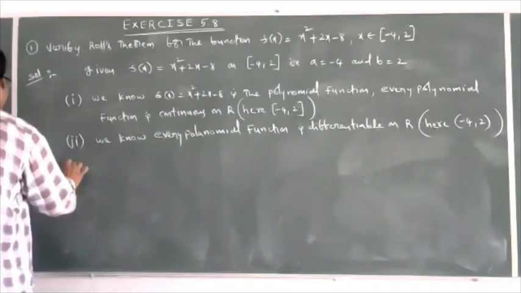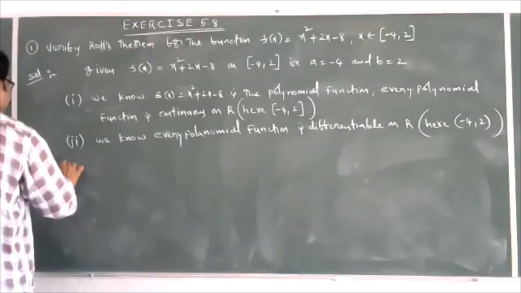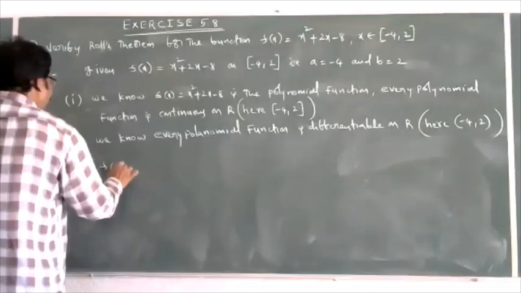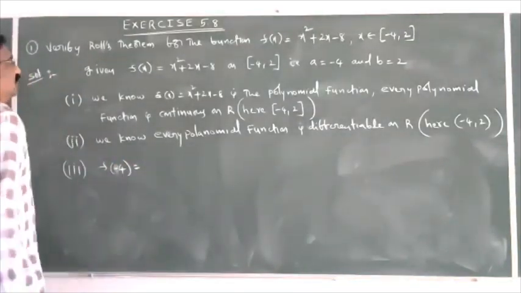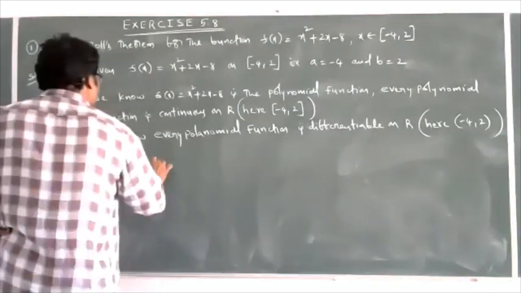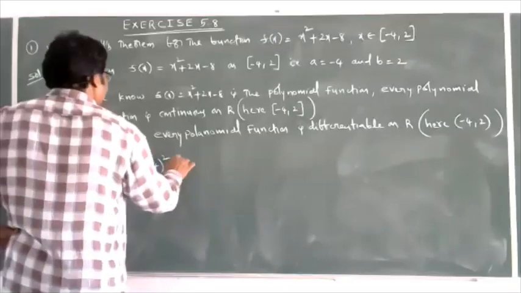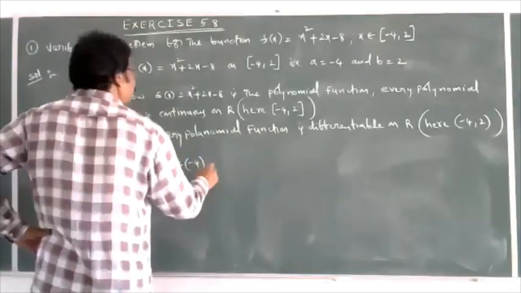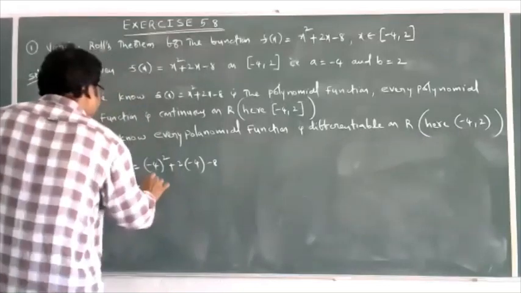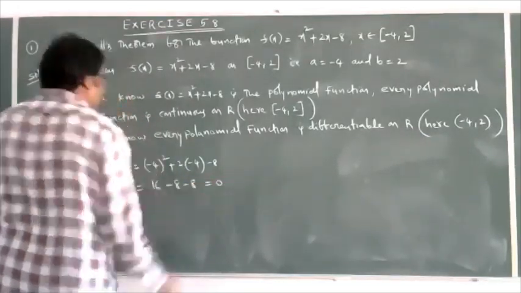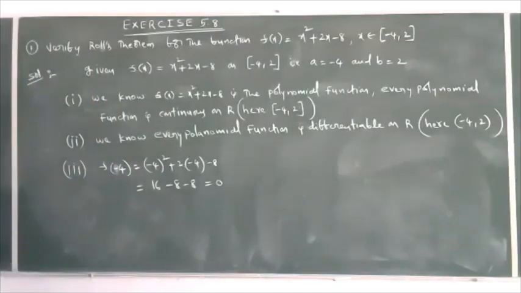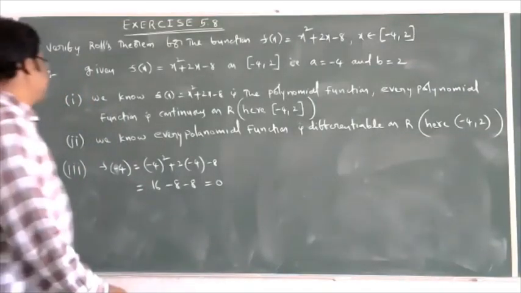Next, third point. f of a, that is f of minus 4, is equal to minus 4 whole square plus 2 into minus 4 minus 8. That is 16 minus 8 minus 8, you get 0.